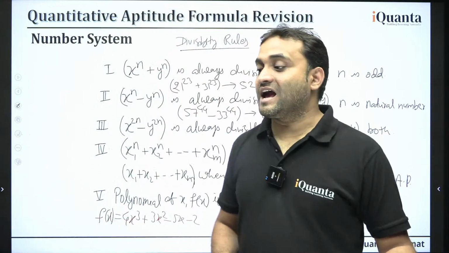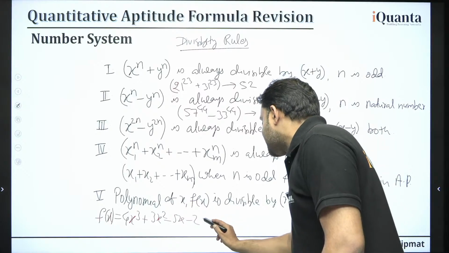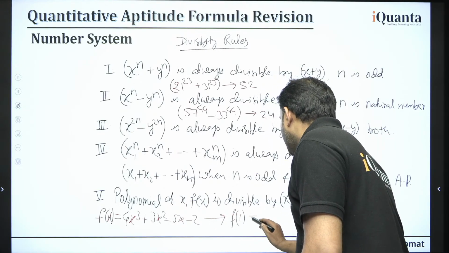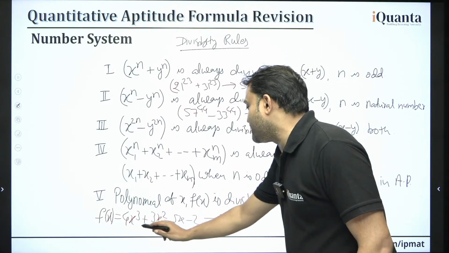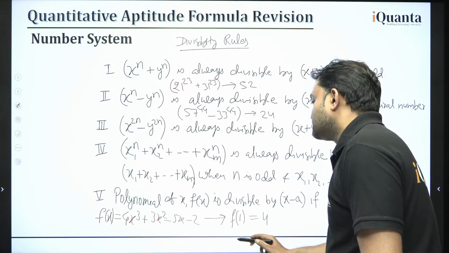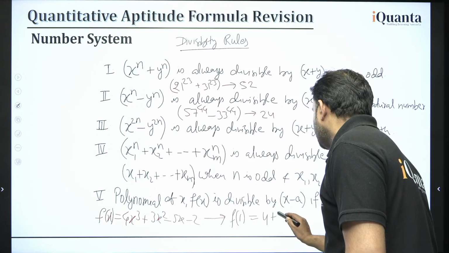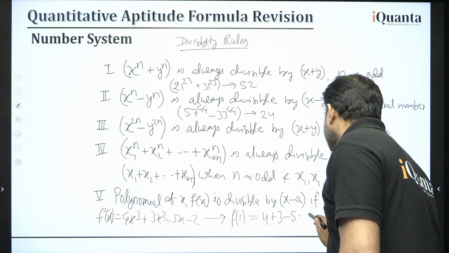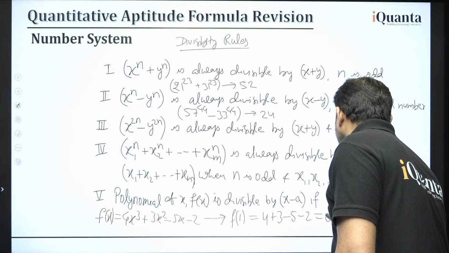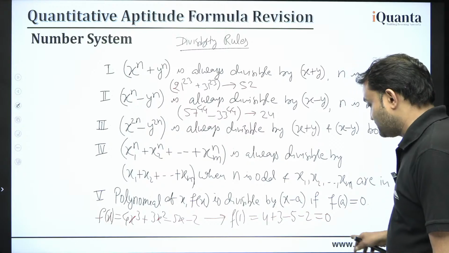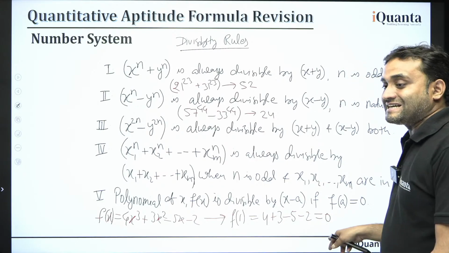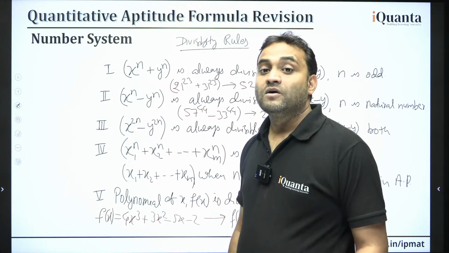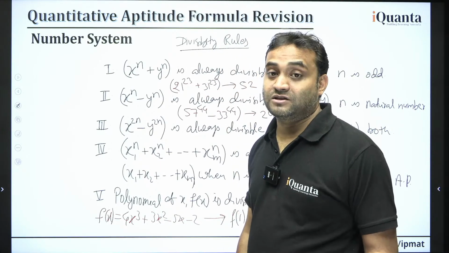We need to find f1. Just replace x by 1. f1 will be equal to 4 into 1 cube, which is 4, 3 into 1 square, which is 3, minus 5 minus 2, and this will be equal to 0. So from there we can say that this is divisible by x minus 1, and from there you can also find the other factors of this.